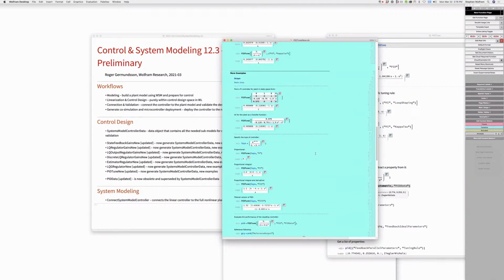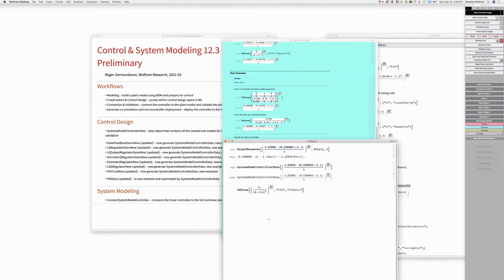Yes, that example is right here. So if you copy what you had before and evaluate it. Because instead of PID data, we'll obsolete that, and now people will just give systems model controller data.